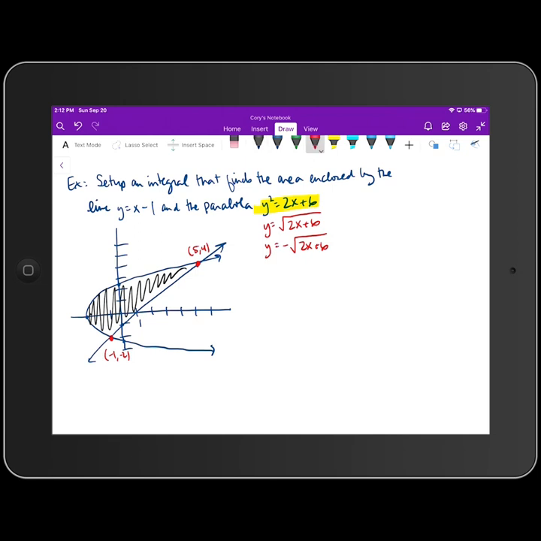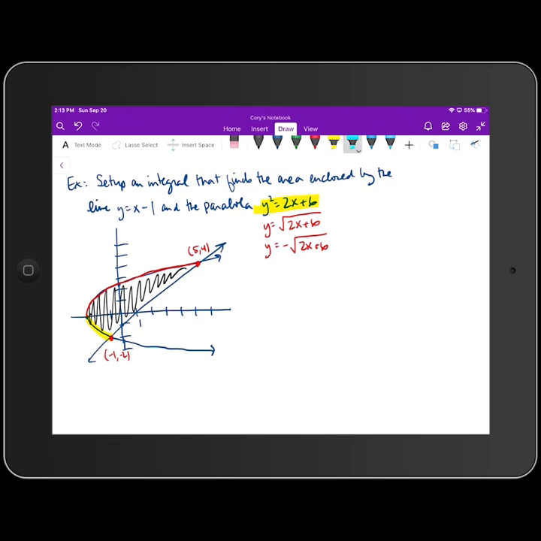Now, when we look at things with respect to x, the function that bounds the area from above is always the positive radical. But when we look at the function that bounds the area from below, that changes. So the function that bounds the area from below on that interval in that highlighted yellow is going to be the negative radical 2x plus 6.